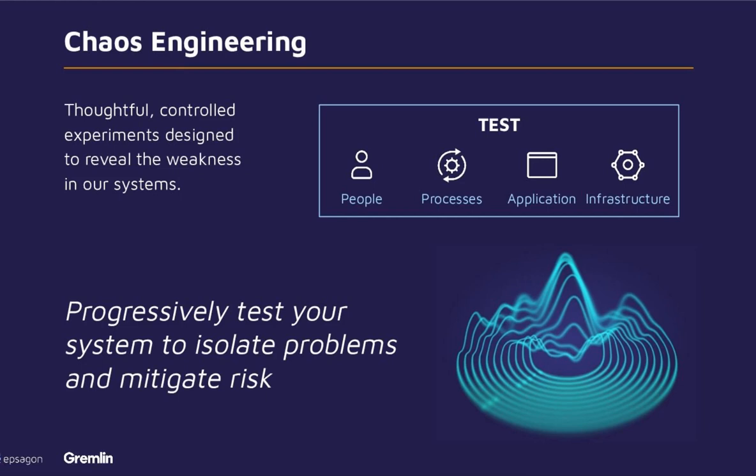That's not what chaos engineering should be. Chaos engineering should be the scientific method of starting with a hypothesis, saying, what happens to my system if this little component fails, or if there's a little bit of latency, and then expanding the blast radius progressively and incrementally from there to test the system and isolate the problems, and then mitigate risk while we're doing this. And we'll show you what this looks like in a moment.